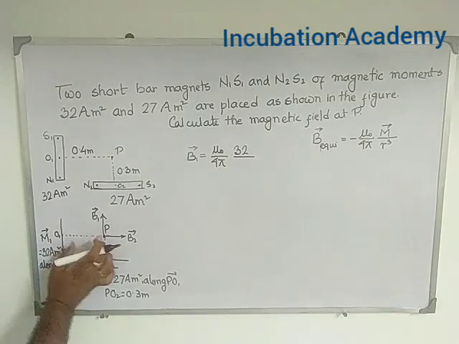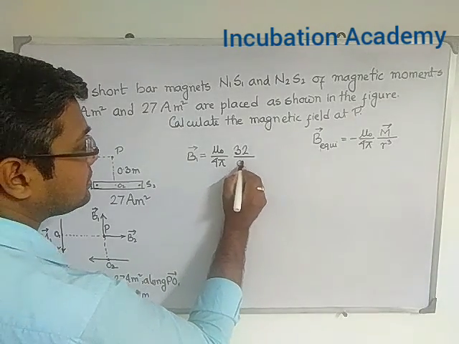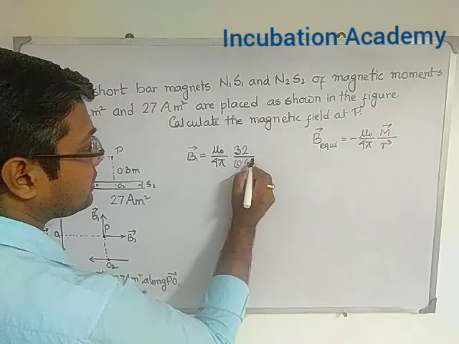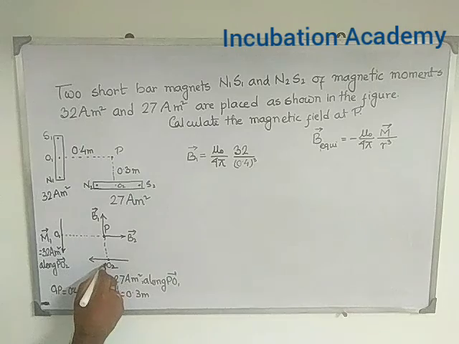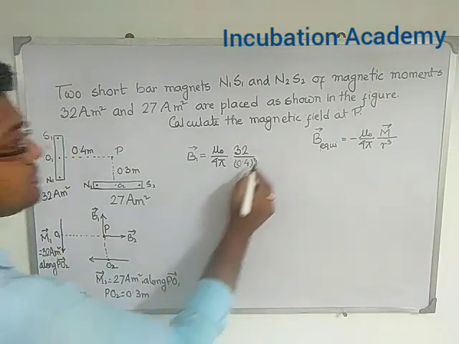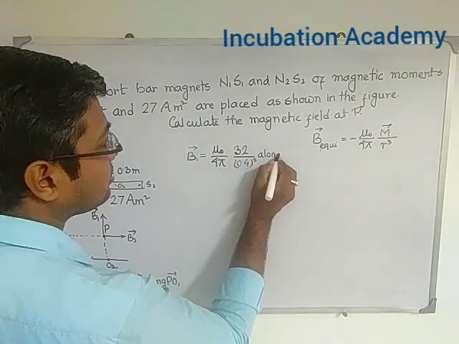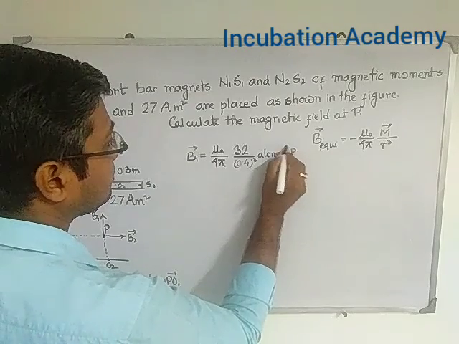The distance is 0.4 meter, so 0.4 cube, in the direction along O2P.